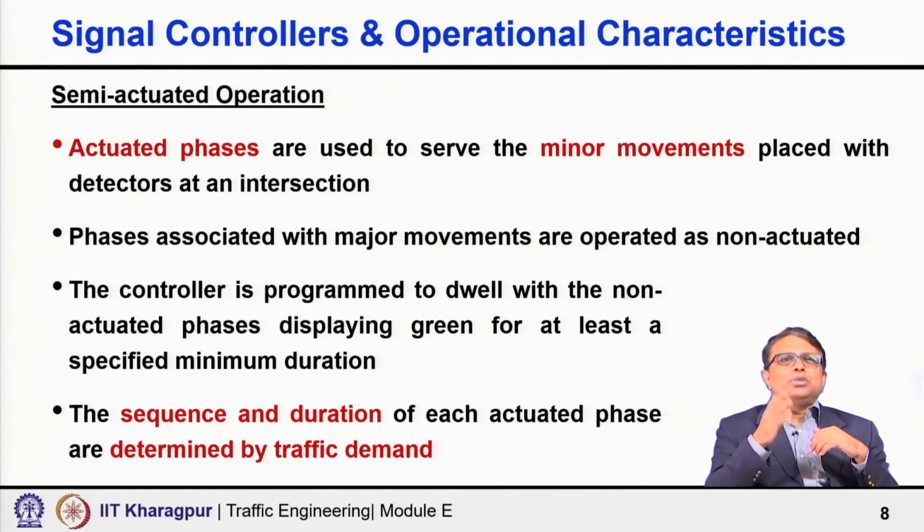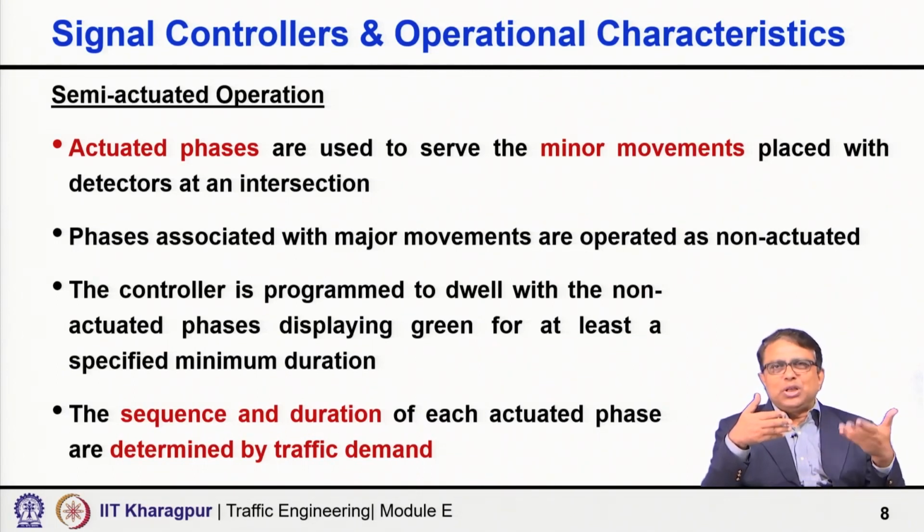Okay. Now, the sequence and duration of each actuated phase are determined by the traffic demand, how much actually is the demand. So, whenever you detect some vehicle, then only will you give green. Otherwise, maybe there are two minor approaches like that, and in some cycle you may not get a vehicle in one of the minor approaches.